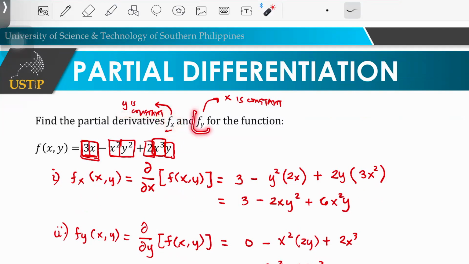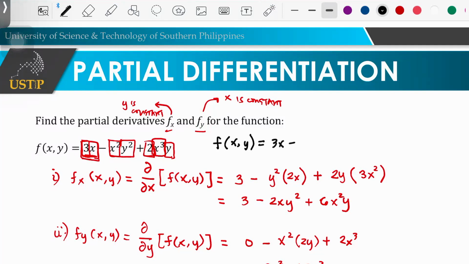If it's the partial derivative of f with respect to y, x is a constant. Okay? So if you rewrite that, our function has two letters here to indicate that it is dependent on both x and y. That is 3x minus x squared y squared plus 2x cubed y.